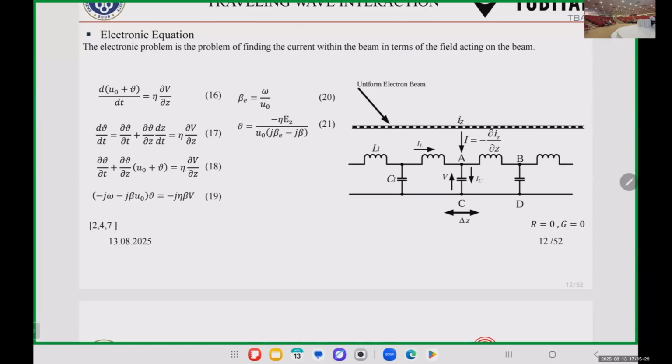If you look at equation 20, we can write the propagation constant of the electron, omega divided by u0. If we substitute this into equation 19, then we can obtain equation 21. We can write this AC component of electron velocity in terms of Ez, beta e, u0. We need this equation.